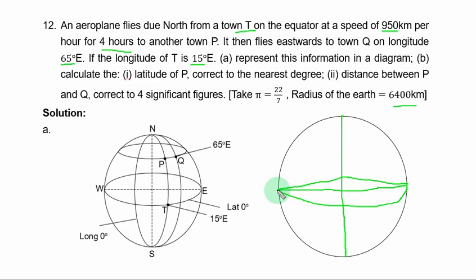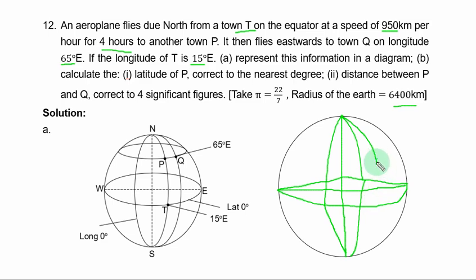If you check the question, the two longitudes are on the east part. For that, let's draw the prime meridian on the west. So this is longitude 0 degrees. Of the two longitudes, though you have 65 degrees first, if you are moving from 0, you have to encounter 15 first before you have 65.